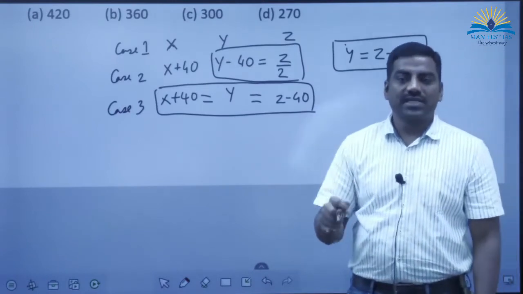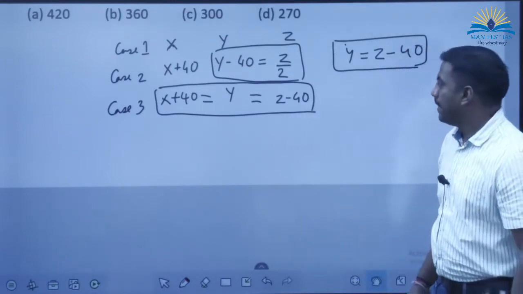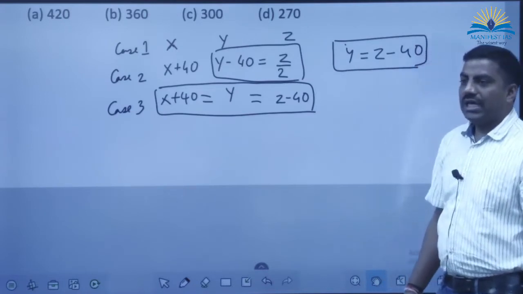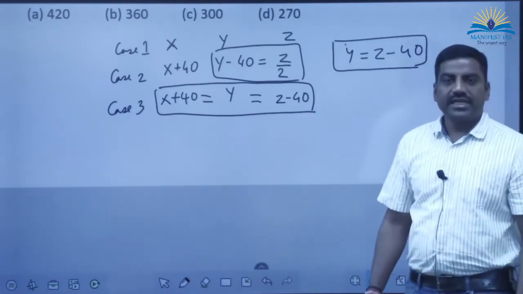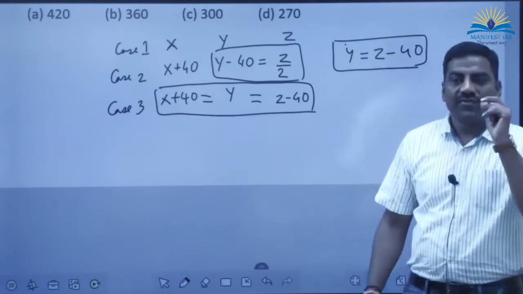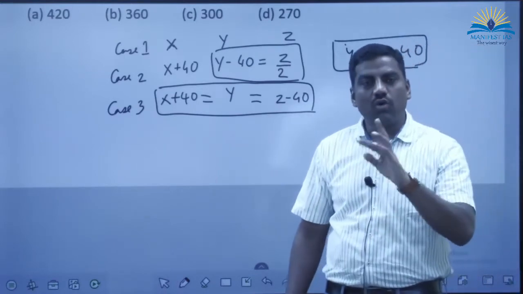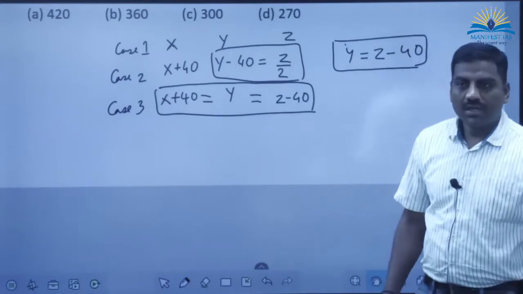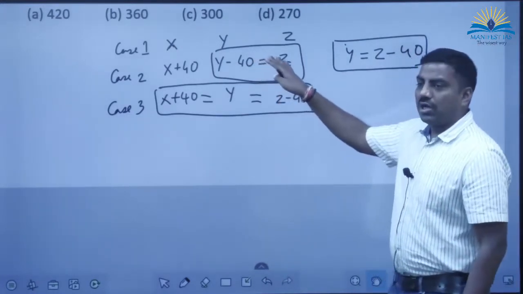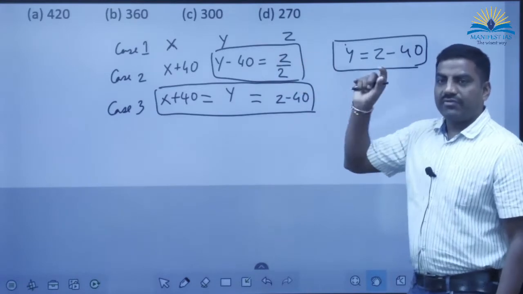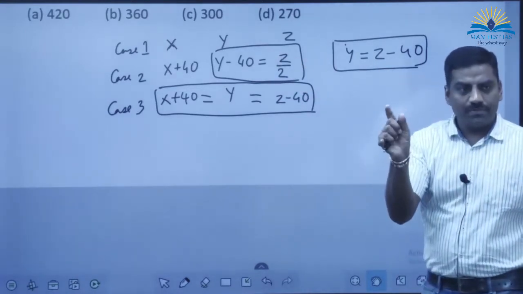Another is the cancellation method. And it is better if you find out y out of these equations. Find out y first. Then I'll tell you how to find out z. I have told you while solving equations, whatever variable you want, you keep it.